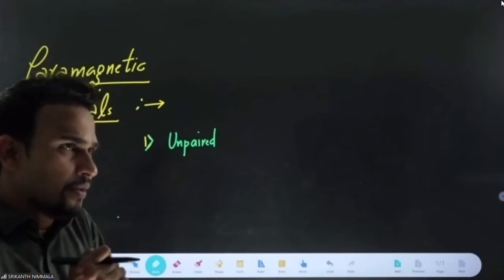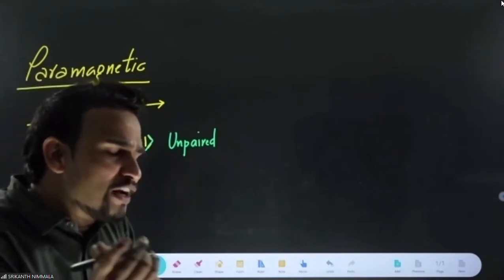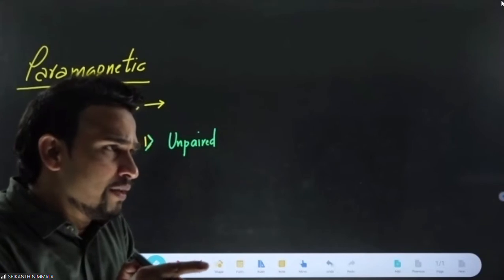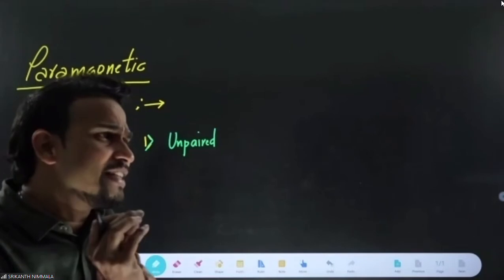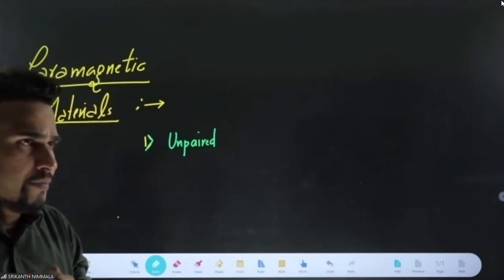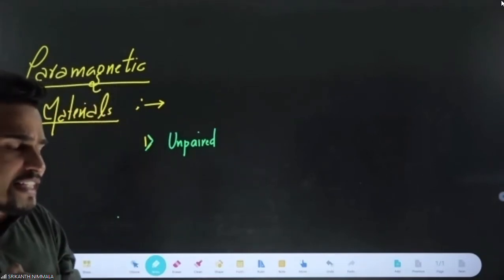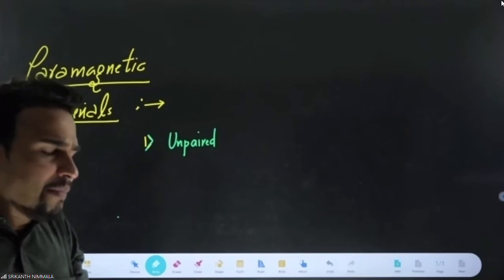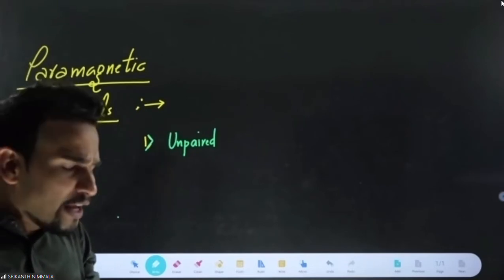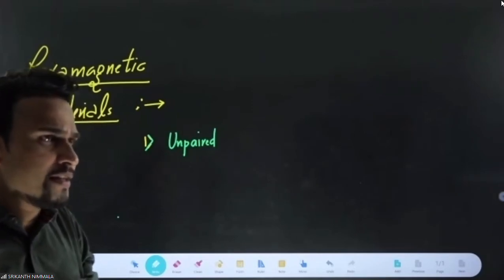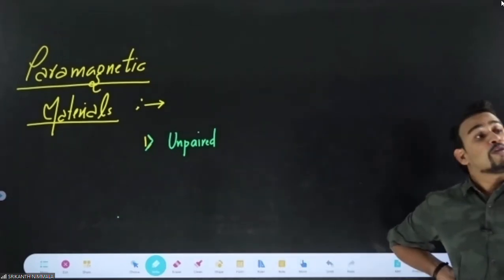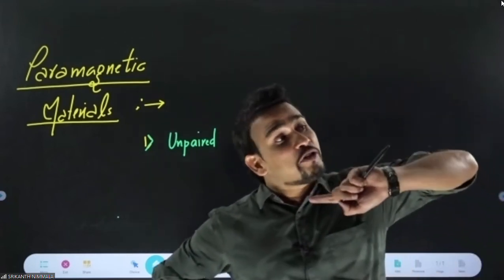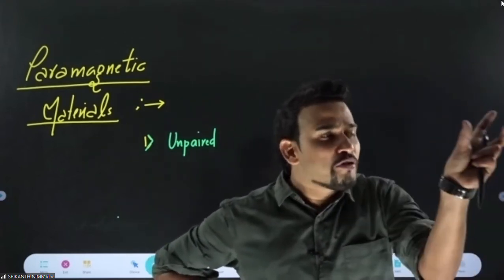Hence, the net magnetic field increases, and they suffer, tell me, repulsion or attraction? Weak attraction. Strong attraction will come for ferromagnetic.